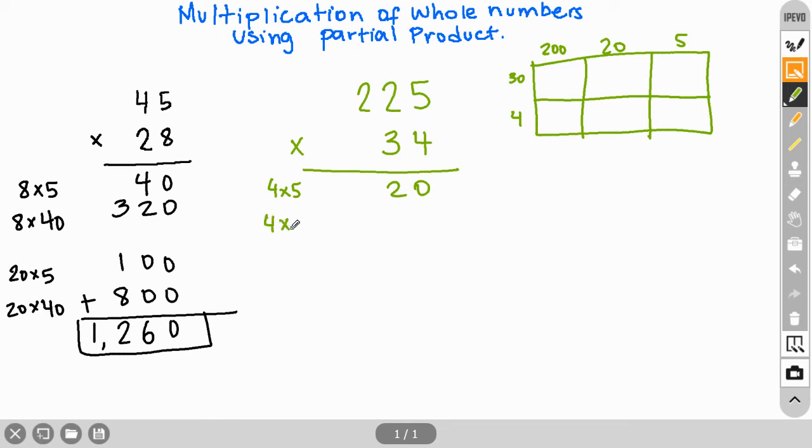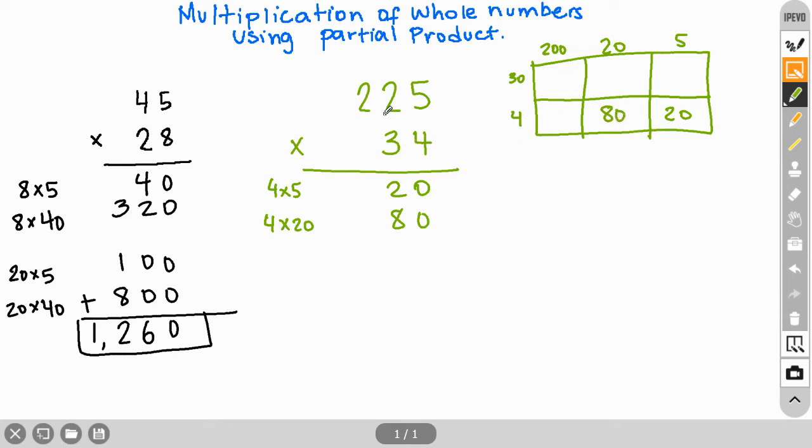So 4 times 20. And look at the 4 times 20 here. We did 4 times 5 is 20. Then 4 times 20 is what we are doing now. So 4 times 2 equals 8. Add a 0, it's 80. So I can even put it over here. 4 times 20 equals 80.